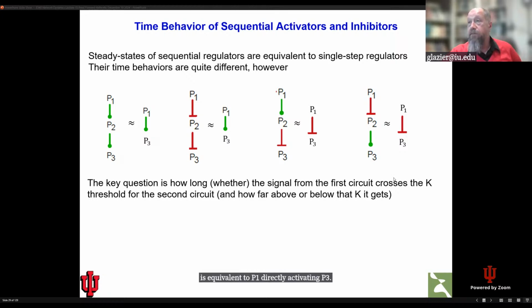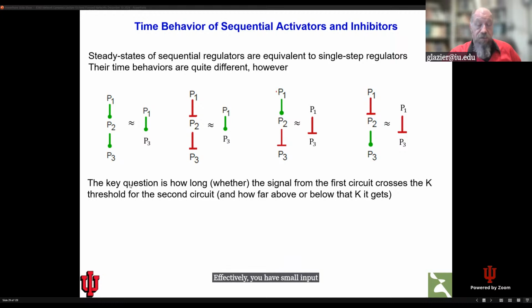But the temporal behaviors of these are not the same, and the threshold behaviors aren't the same. And for sigmoids, which are not perfect step functions, these results can be quite different as well. So in particular, in a Hill function, the key thing you need to know is whether the input is below or above that Michaelis K. If the input is below the Michaelis K, effectively you have small input.